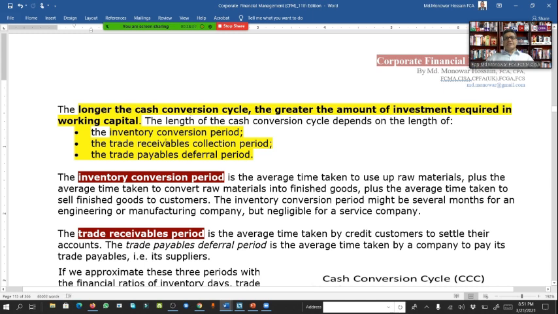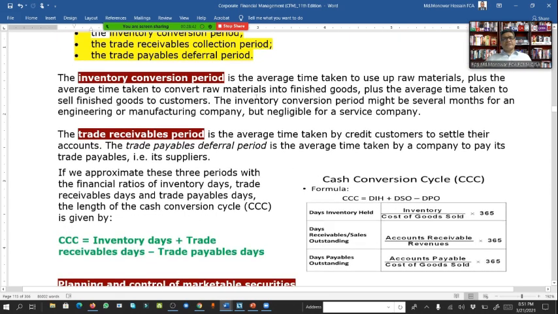Inventory conversion period is the average time taken to use raw material, plus the average time taken to convert raw material into finished goods, plus the average time taken to sell finished goods to customers.